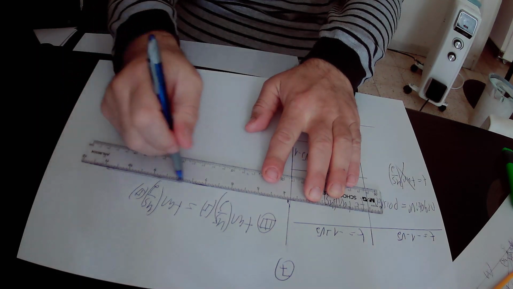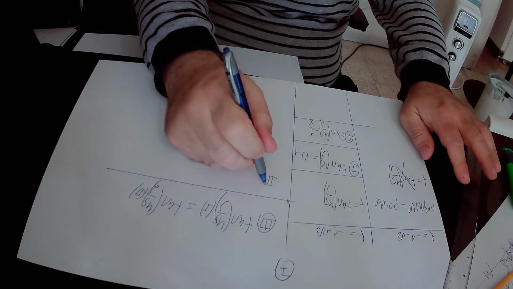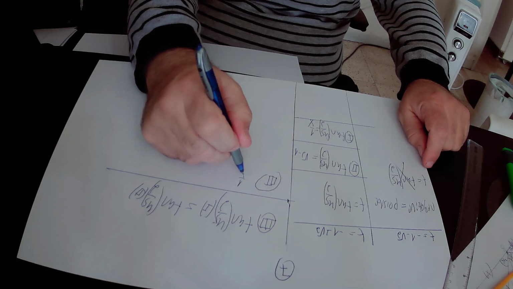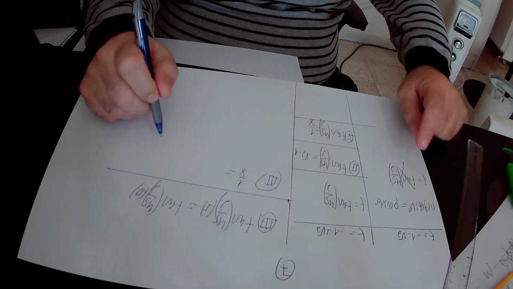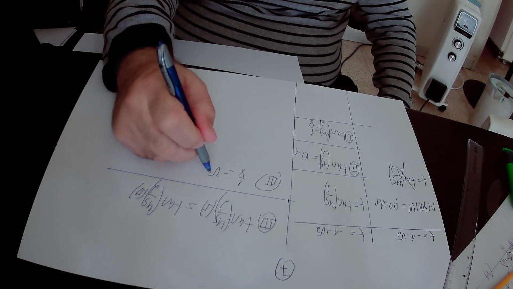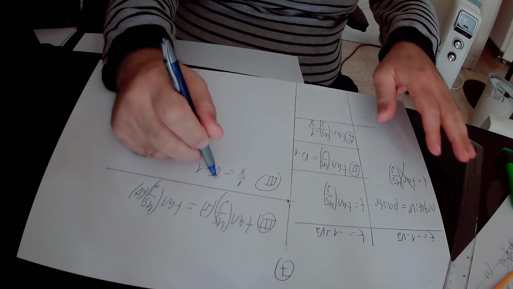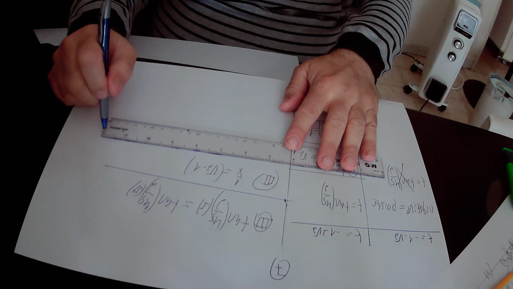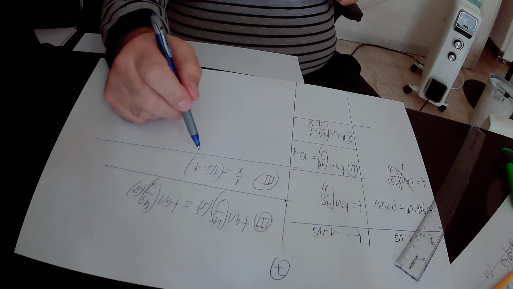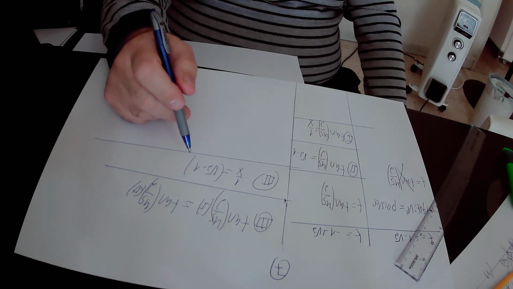According to equation number 1 it is 1 over x, and it must be equal to the square root of 2 minus 1. So in conclusion, according to equation number 3, 1 over x equals the square root of 2 minus 1.